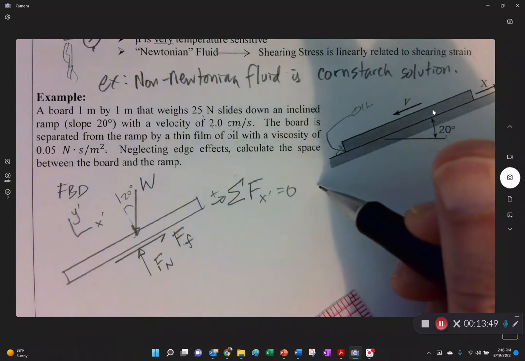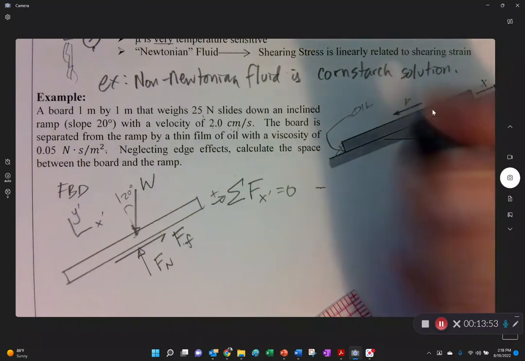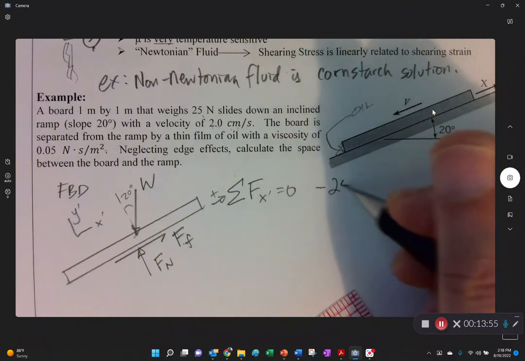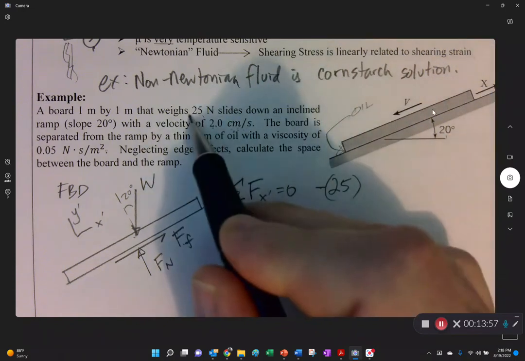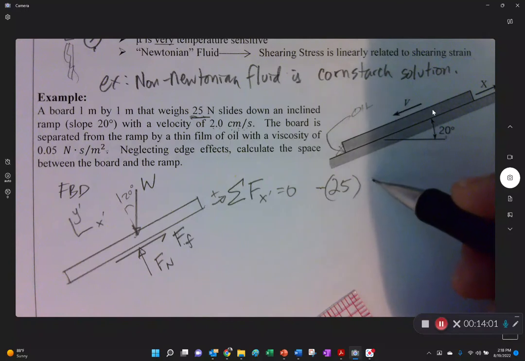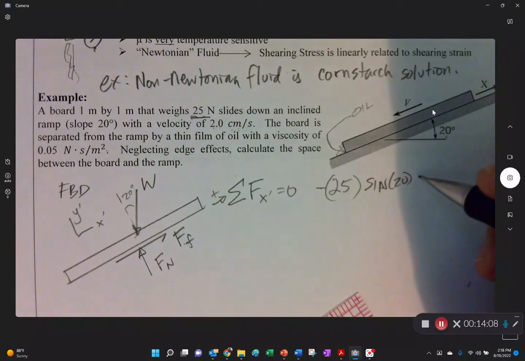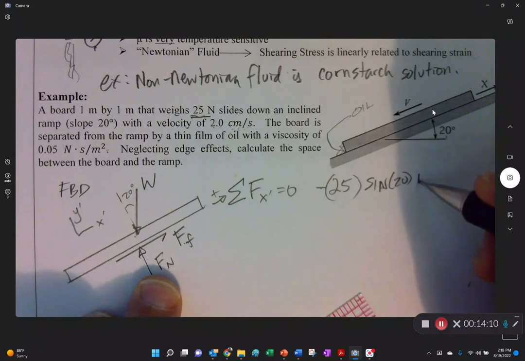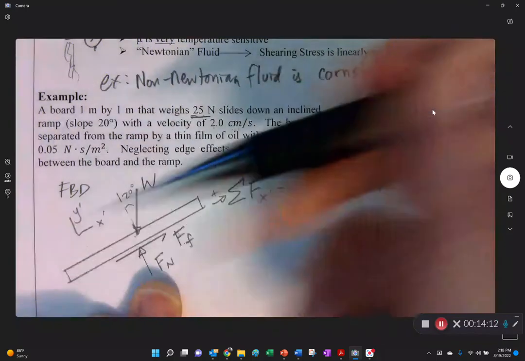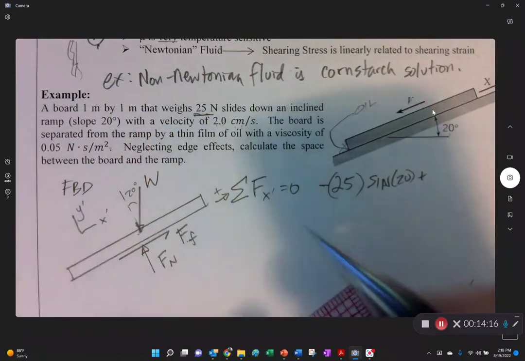So we're going to have a negative. They gave us the weight, so we have 25 newtons is the weight of this thing. But we need to take the sine of 20 degrees, because it's only going to be in the X prime direction. And of course it's negative because the weight is going that way, but the friction force is going that way, so it's positive.